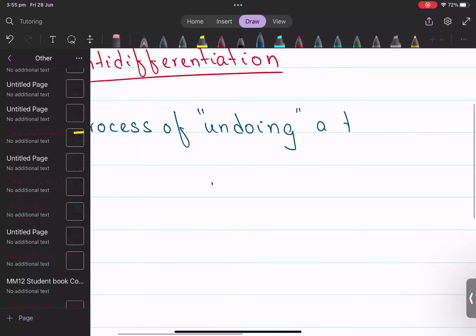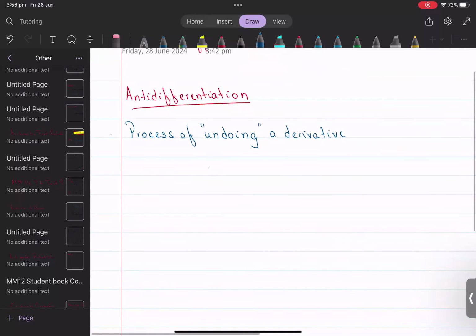Just like with our mathematical operations like addition and multiplication, the opposite process of addition is subtraction, and the opposite process of multiplication is division. By analogy, we have the process of differentiation, and the opposite process of that is anti-differentiation. So the whole idea is undoing a derivative.